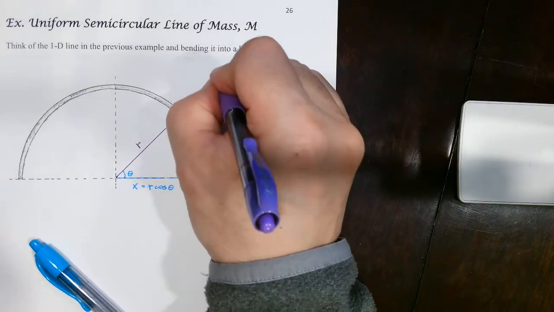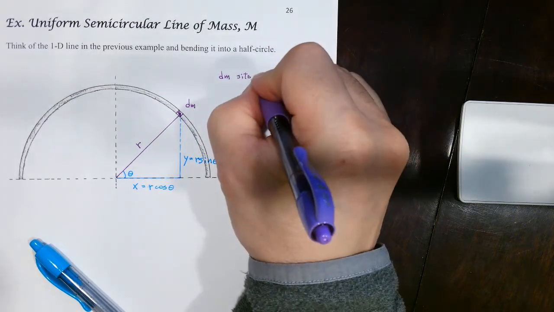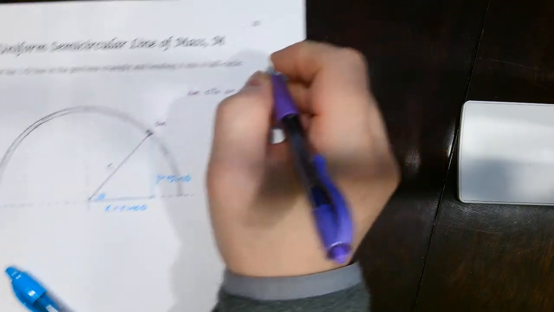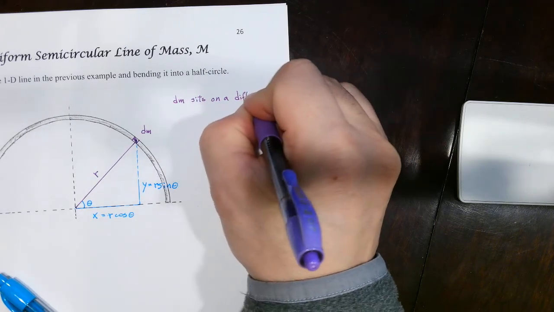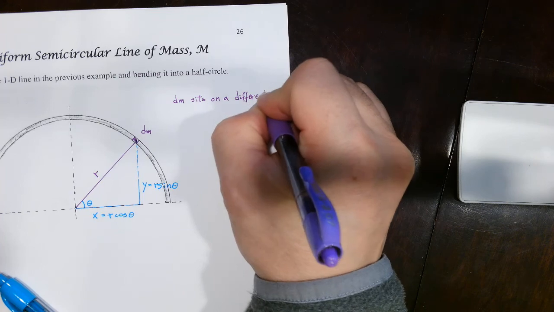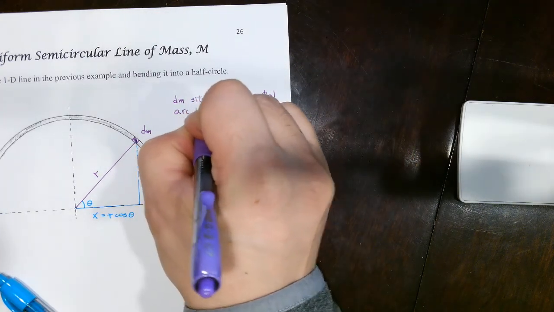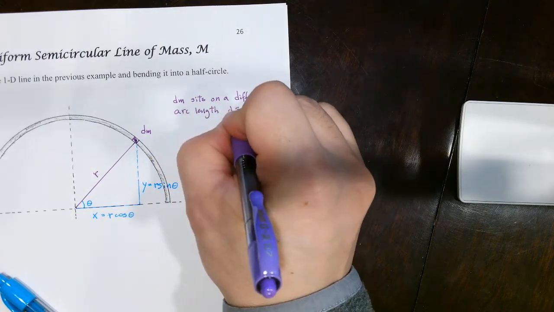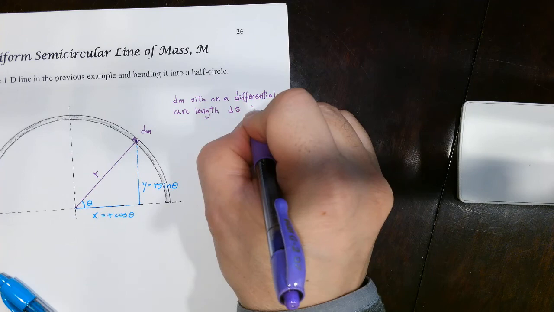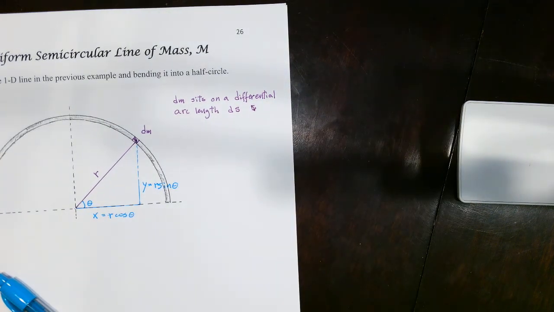So this dm sits on a differential arc length ds, which is that little tiny sliver that we cut out for that dm.